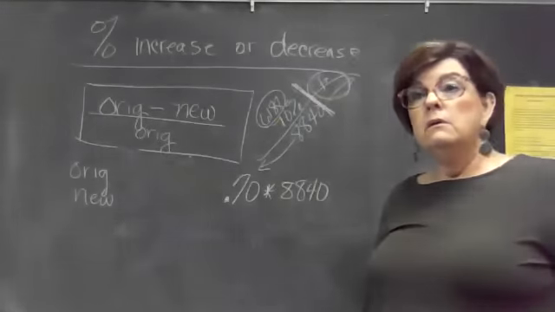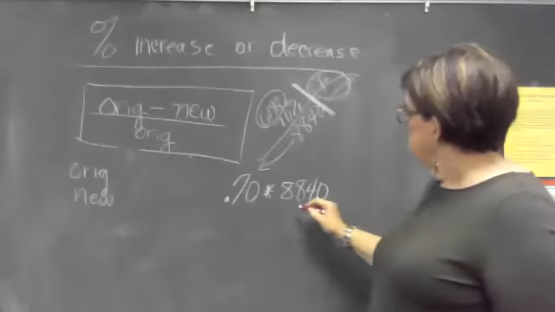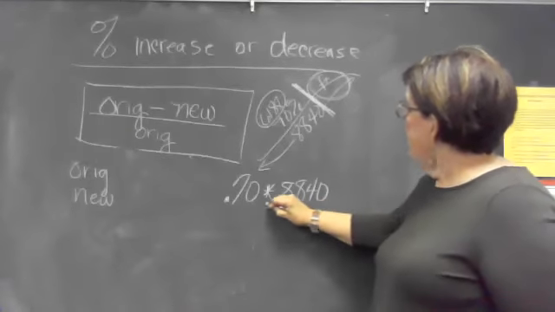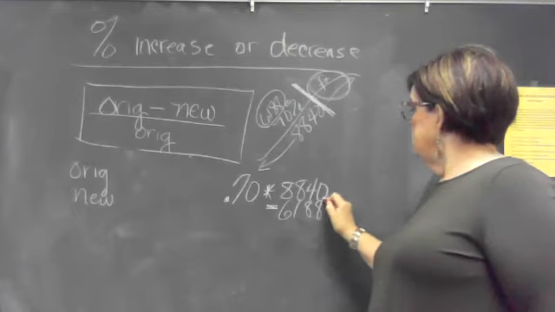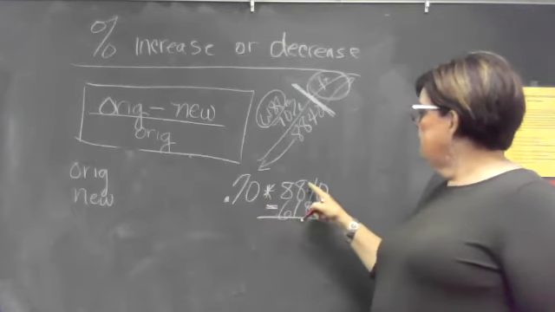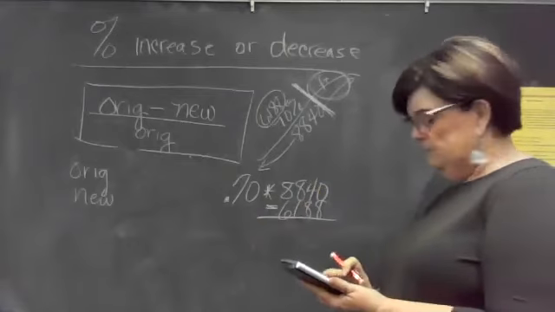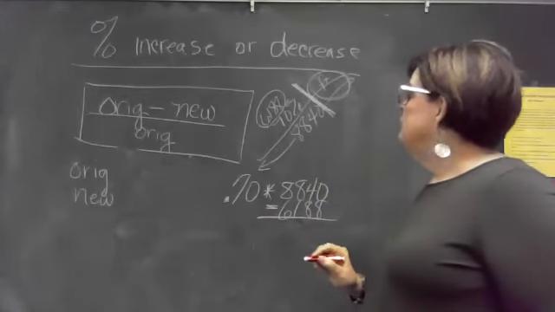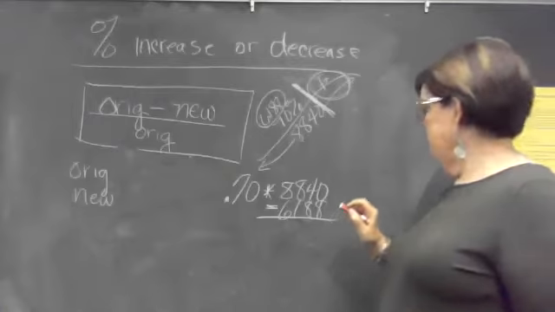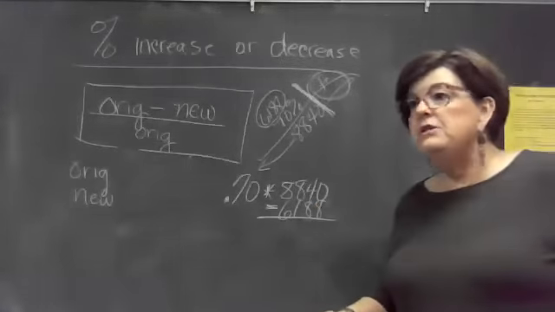Oh, subtract. You're going to take the total, 8,840, and subtract 6,188, because this is how far I have to go. I've gone this far. How much do I still have to go? It's 2,652. See, they didn't ask for a percent increase or a percent decrease, did they?